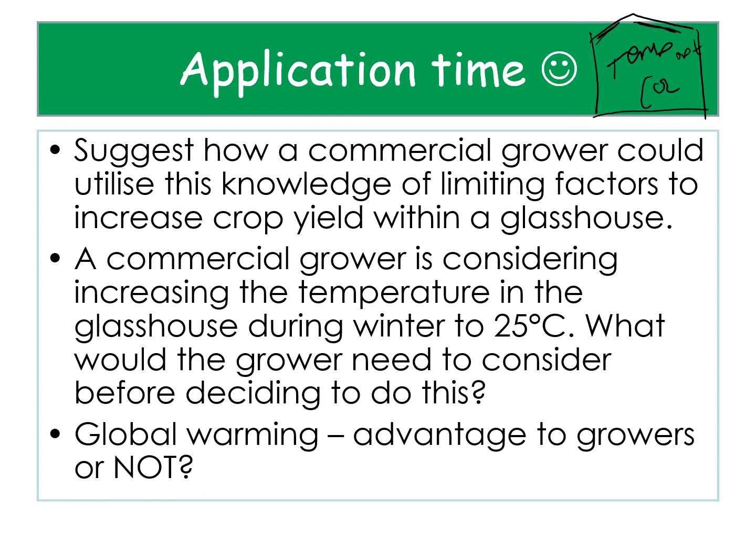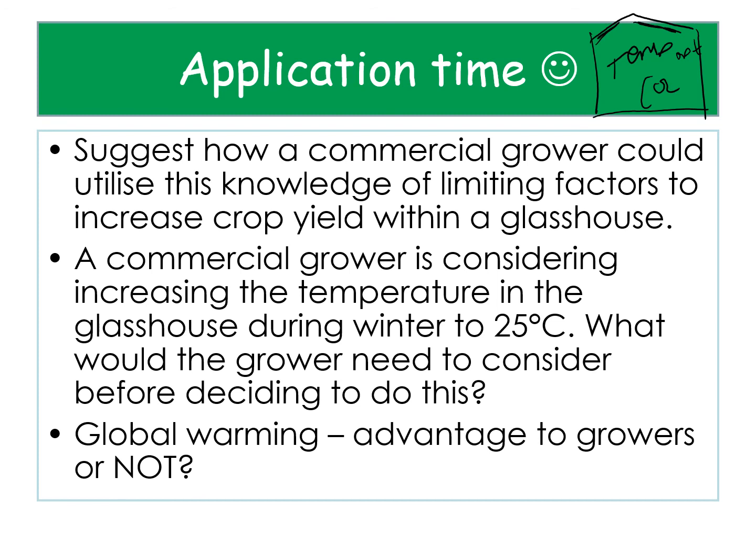Quite often the data you might get relates to studies of the limiting factors of different crops, because obviously the grower needs to know the optimum temperature, the optimum light intensity and carbon dioxide concentration for the crop species.